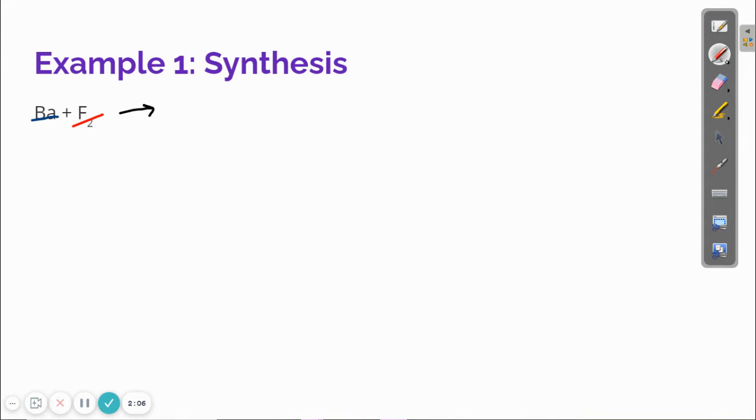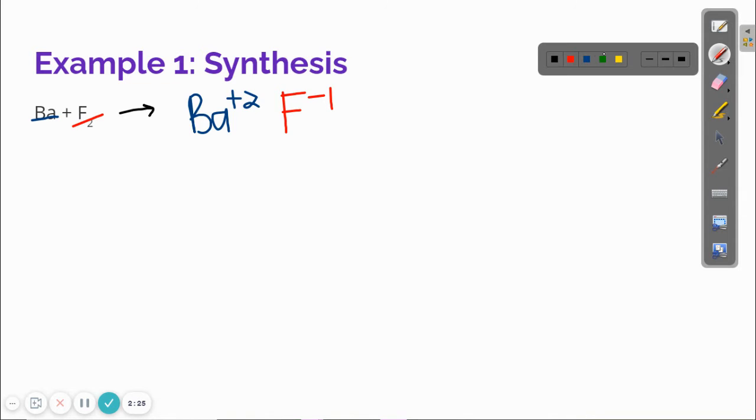So Ba is a +2 on my periodic table. In F2, you notice that there is a 2 written with it because fluorine is a diatomic, but F on the periodic table is a -1. So I'm going to crisscross these.